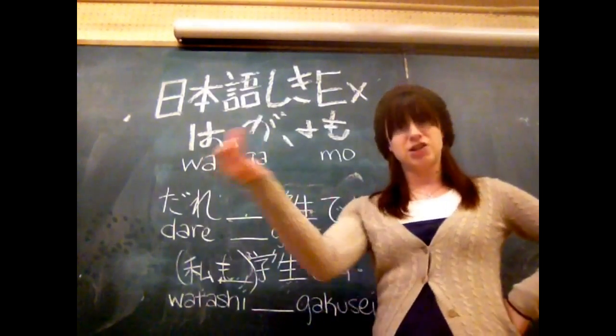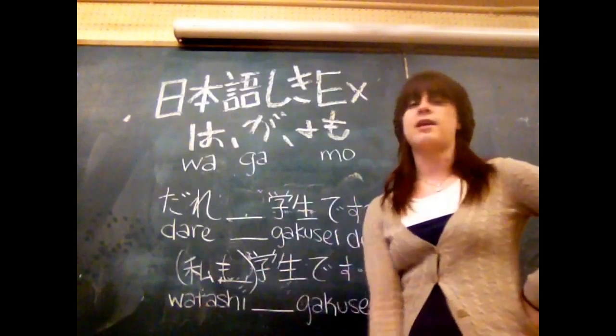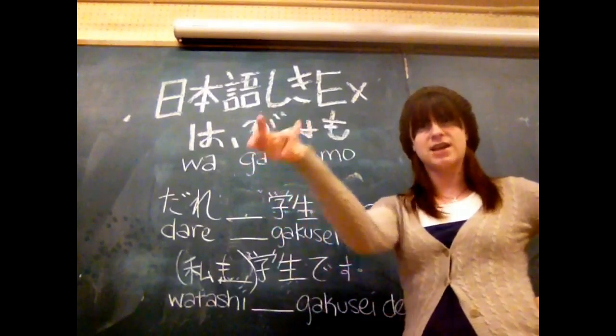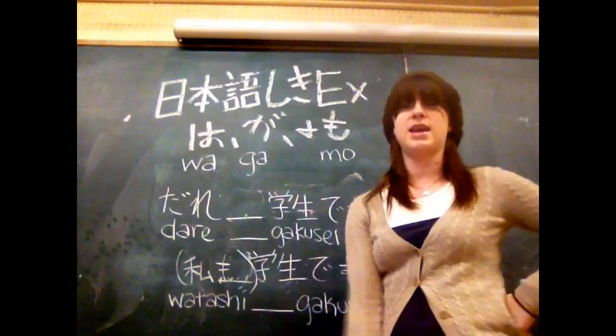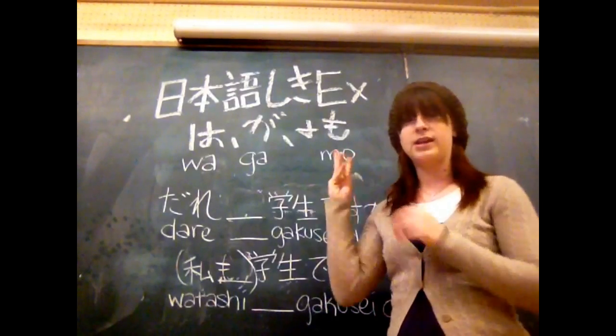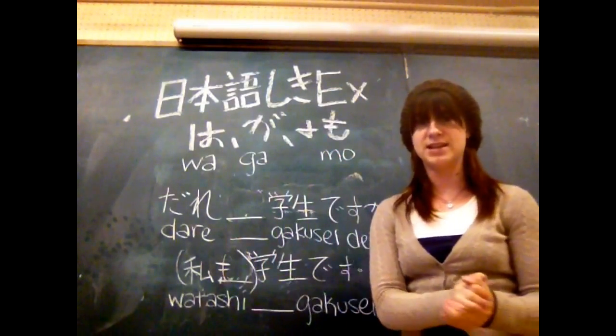If I just say, watashi mo, that means, yeah, me too. You'll hear a lot in Japanese conversation, like, something mo, something mo. Oh yeah, like that too, that too. It has that same feeling in English. But yeah, those are the three main ways you can form the beginning part of a Japanese sentence.